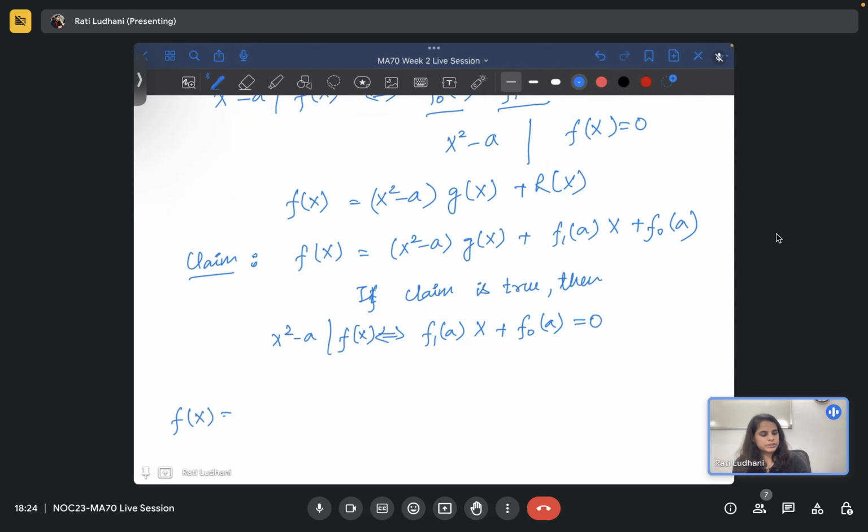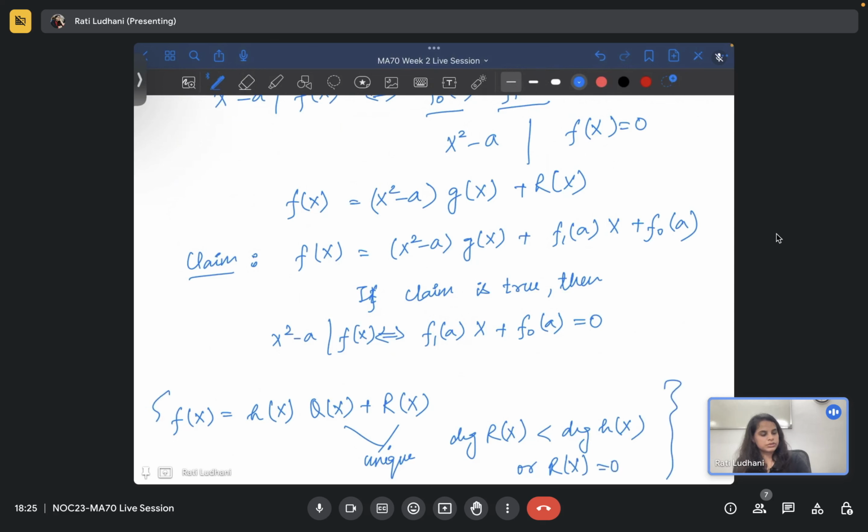When you divide f(x) by h(x), you will get a quotient and remainder which are unique, and the degree of r(x) will be strictly less than the degree of h(x), or r(x) is equal to 0. So k[x] can have this division algorithm, right? Is that clear?